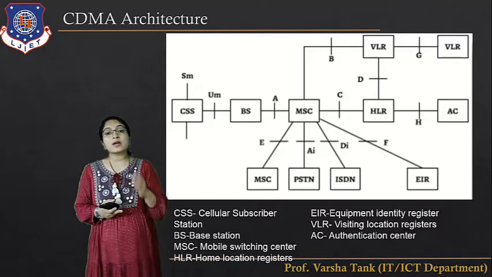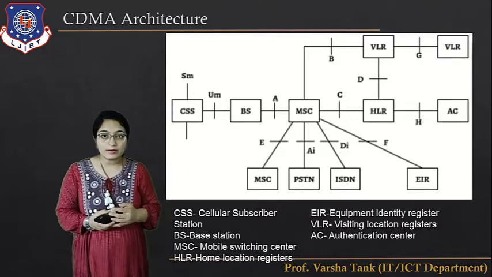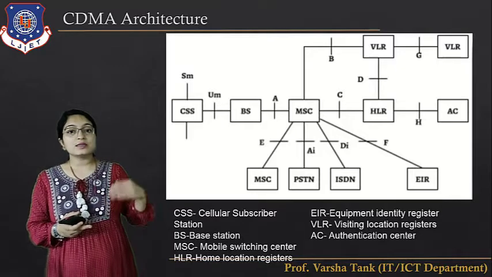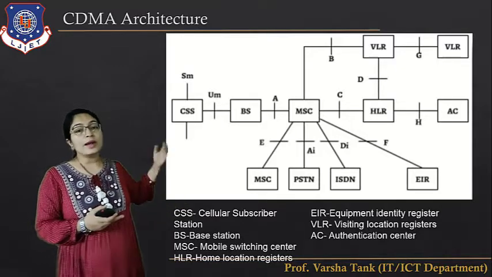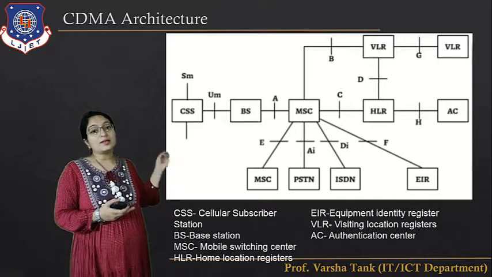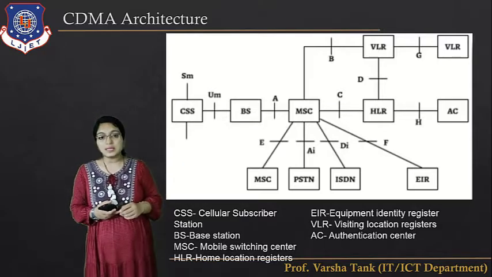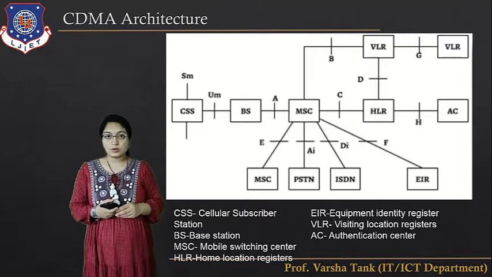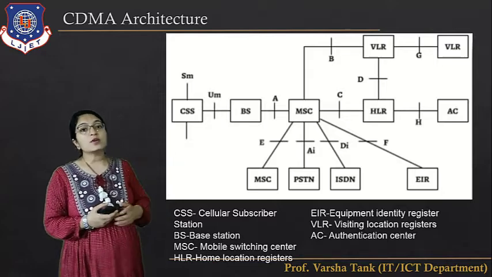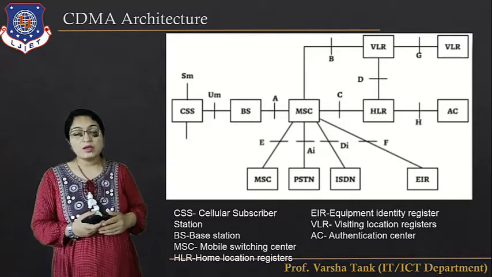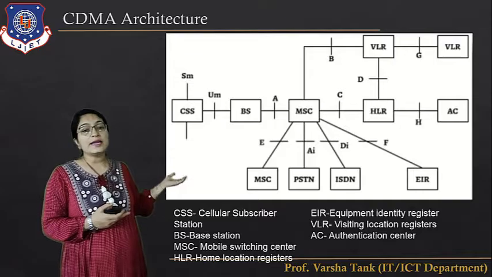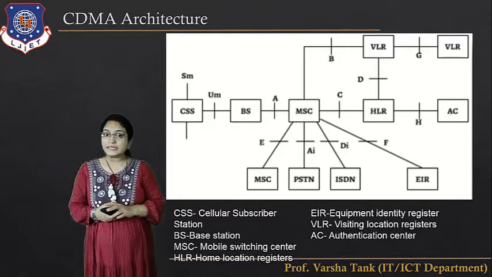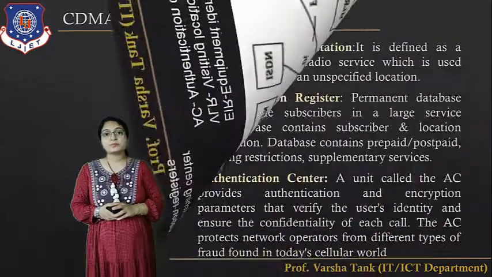And VLR gives you the current location of that particular mobile device. If this device is in the roaming area, at that time it will send the temporary location to the MSC where this particular device is. Then AC is the authentication center, and EIR means the equipment identity register.